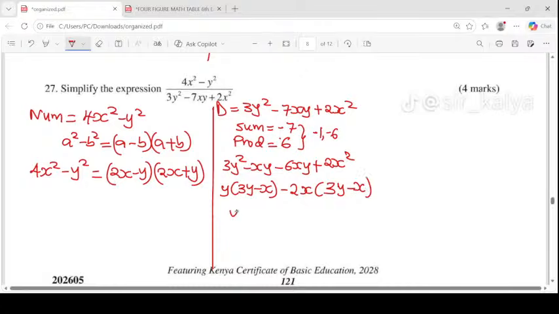So this will become y minus 2x, then 3y minus x. That is the answer for the denominator part.